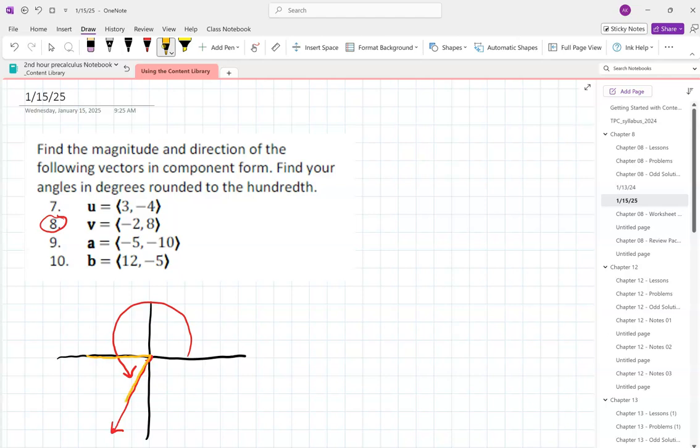My angle alpha is always between the x-axis and that terminal side. In this case, I've gone alpha past 180, so I'm going to do 180 plus alpha. And we always find that alpha the same way: tan inverse, absolute value, y coordinate over x coordinate. And then it's just calculator time.